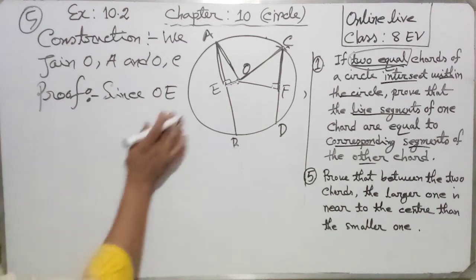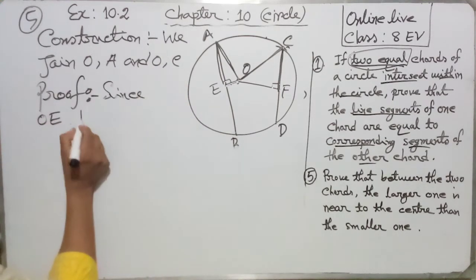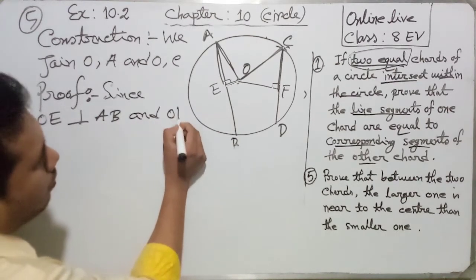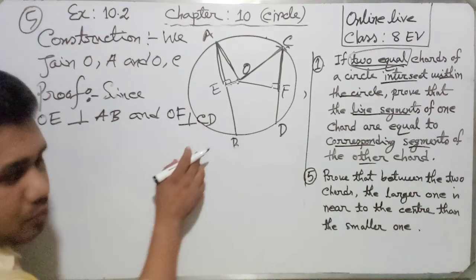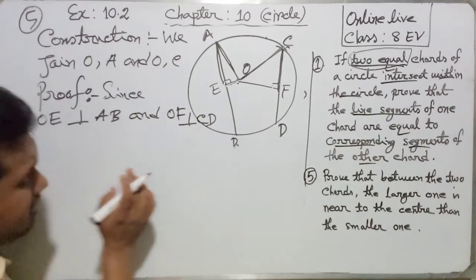Now since OE is perpendicular to AB and OF is perpendicular to CD. Suppose this is perpendicular to AB and this is perpendicular to CD.